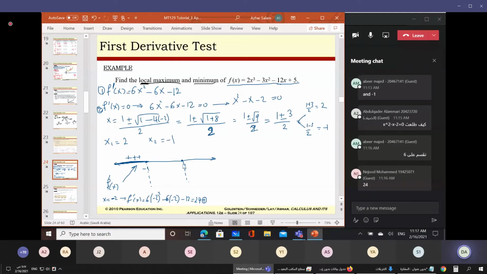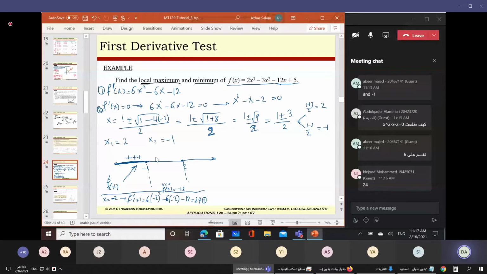For the second interval, from minus 1 until 2, I choose any number between these two numbers to find the sign of f dash. The easiest one is 0. Between the negative and positive numbers, it's always easier to choose zero. So I will choose x equal to 0. f dash of 0 will be 0 minus 0 minus 12, which is minus 12.